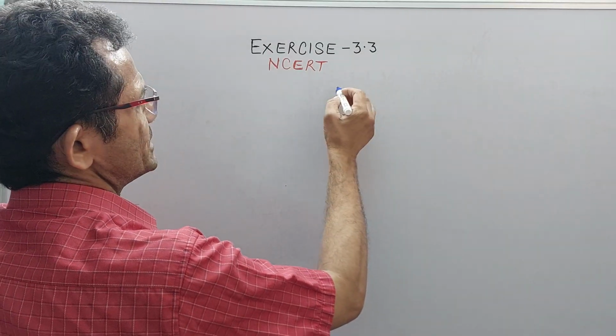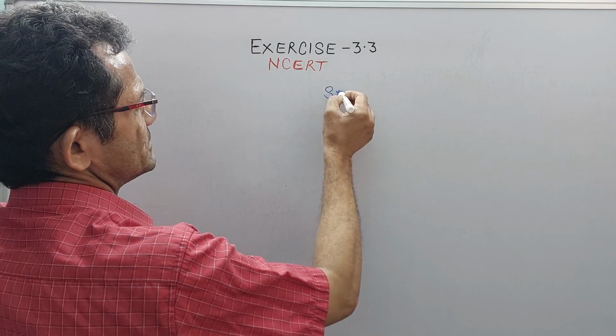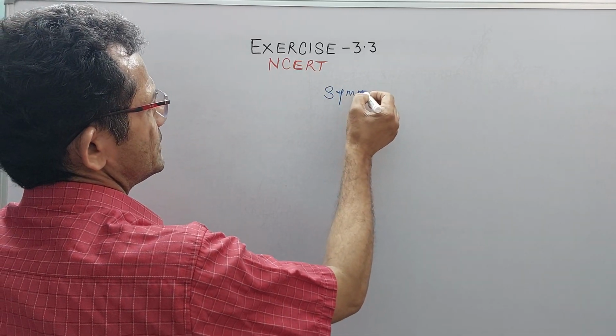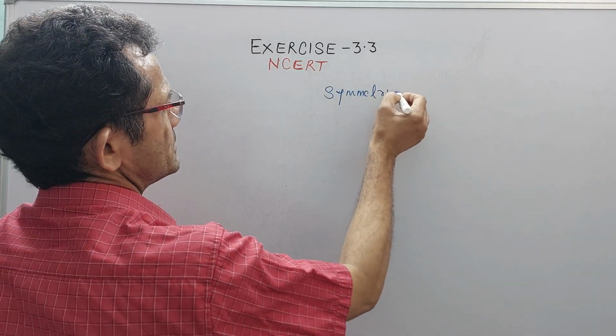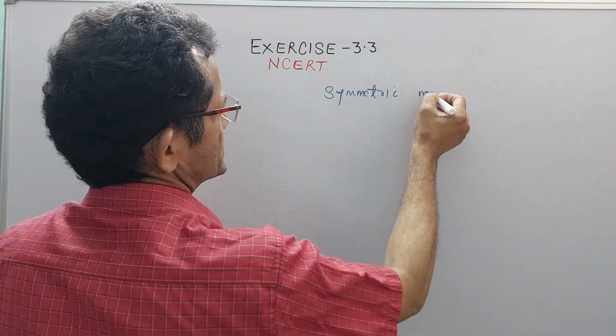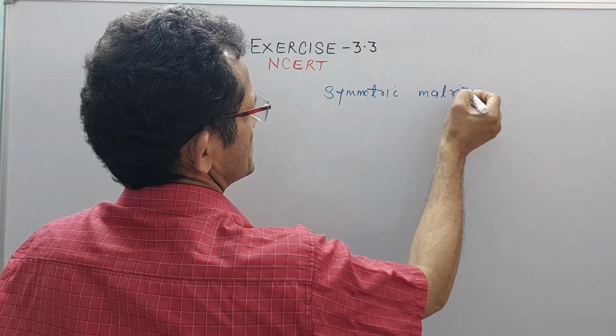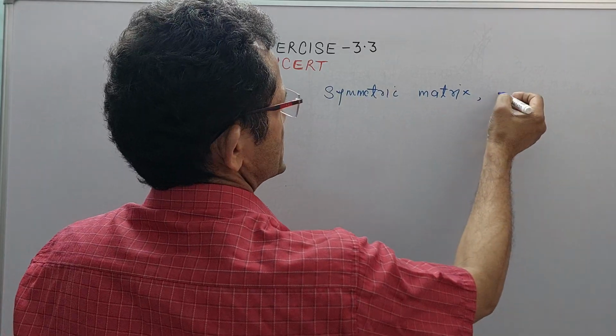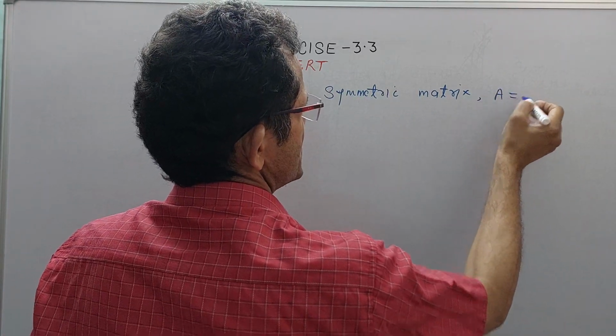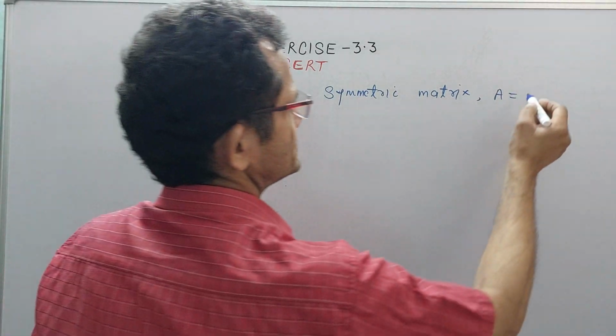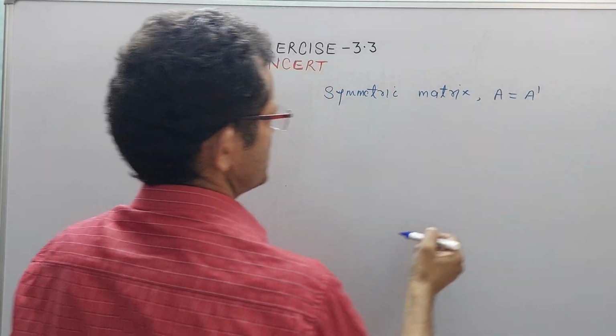So we already know that any matrix can be symmetric. For a symmetric matrix, if the matrix A is equal to the transpose of the matrix, then it is called symmetric.